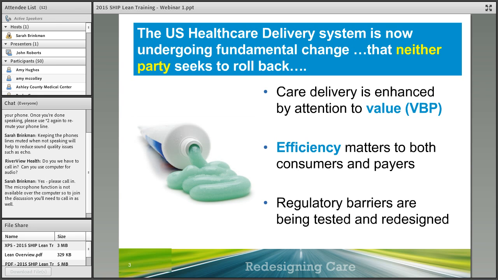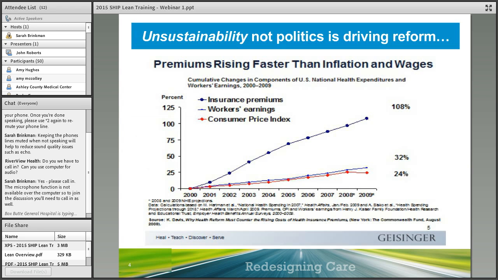We're seeing more and more attention given to value-based purchasing. We're seeing that efficiency matters more and more to businesses, to consumers, to government, to payers, and we see a lot of regulatory changes coming down the pike with the innovation grants and other things to look at different models of redesigning our healthcare system.